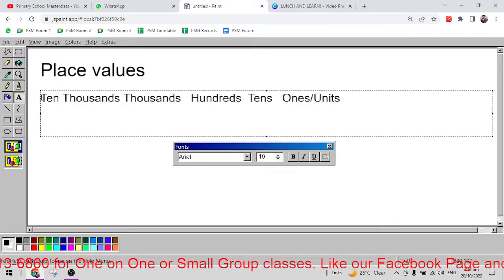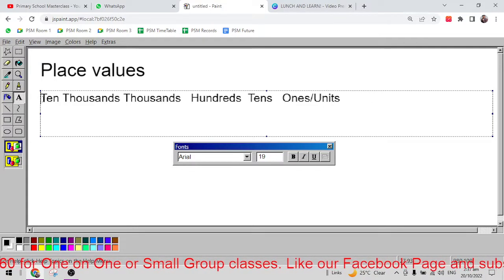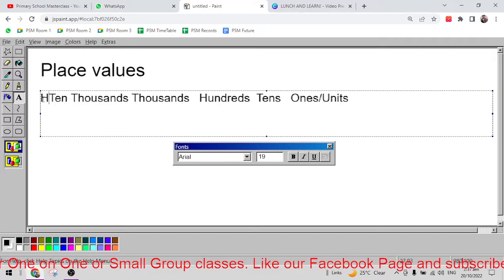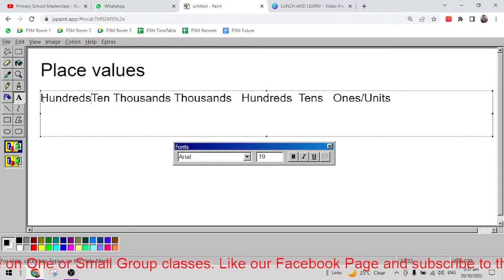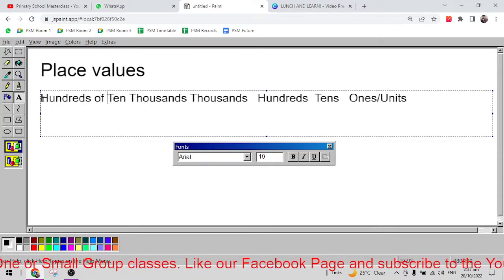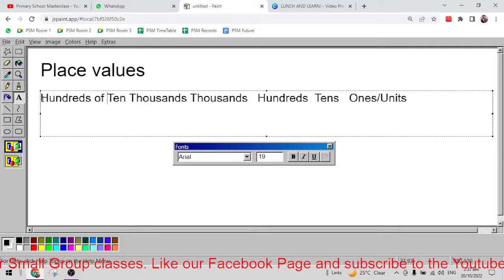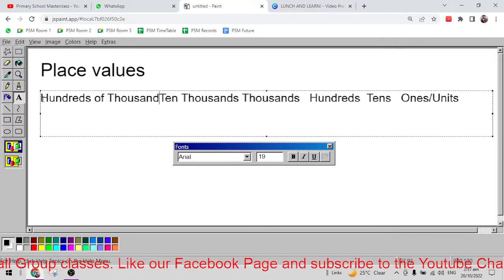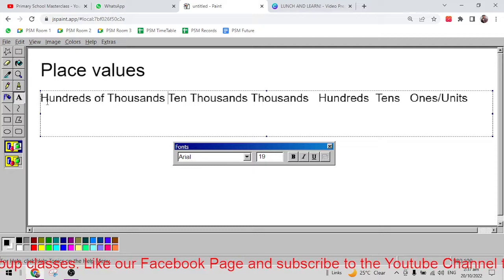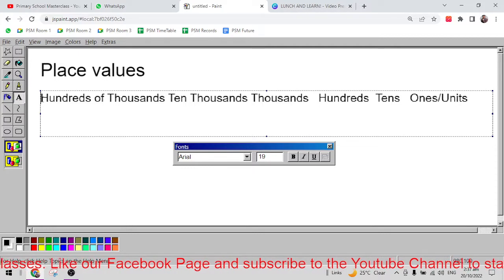Go straight up to as much as you should know, at least for the SEA exam. Then you have hundreds of thousands. Then you have millions.